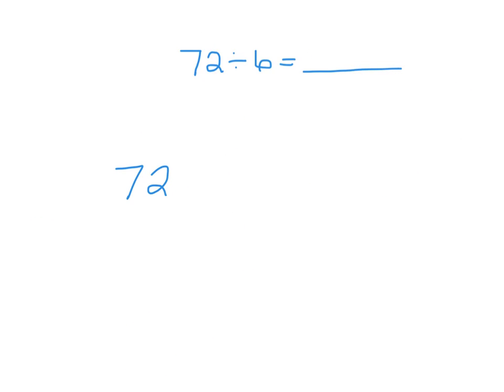Let me show you another way to write this out. I can take 72, and remember I split it into 60 and 12. Then I'm going to distribute this divided by 6 to each of those parts. So I'm going to divide 60 by 6.